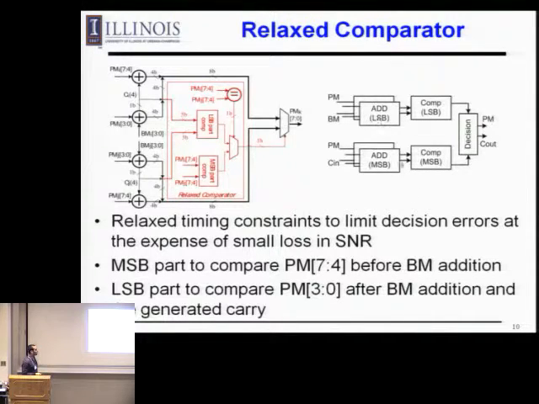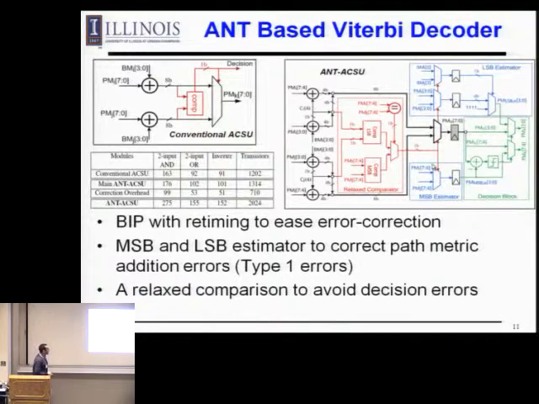This type of architecture would have only a limited amount of decision error, but most of the time our decisions are correct. Then we included an estimator for the add, compare, select output. This estimator is a reduced precision estimator of the main block. And then we have a decision block here, which compares the main block output to the estimator output and selects the correct one.